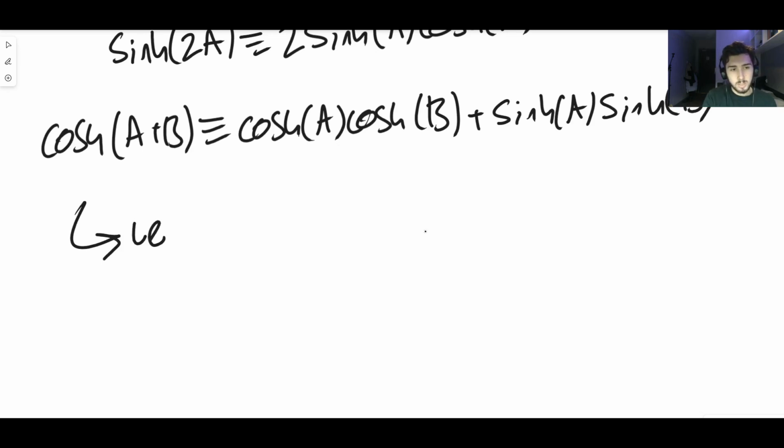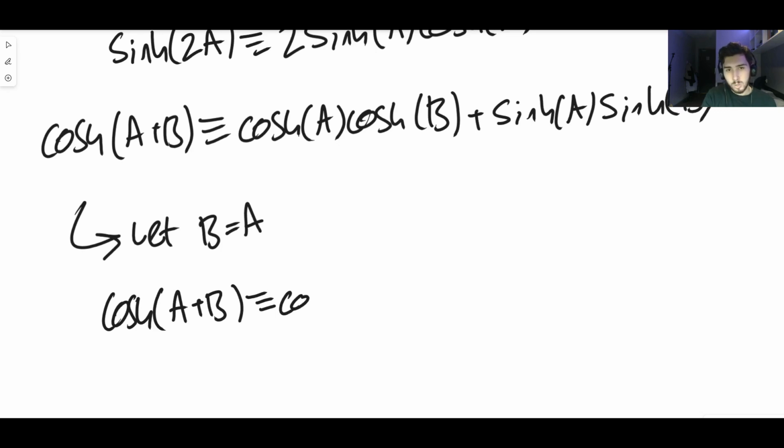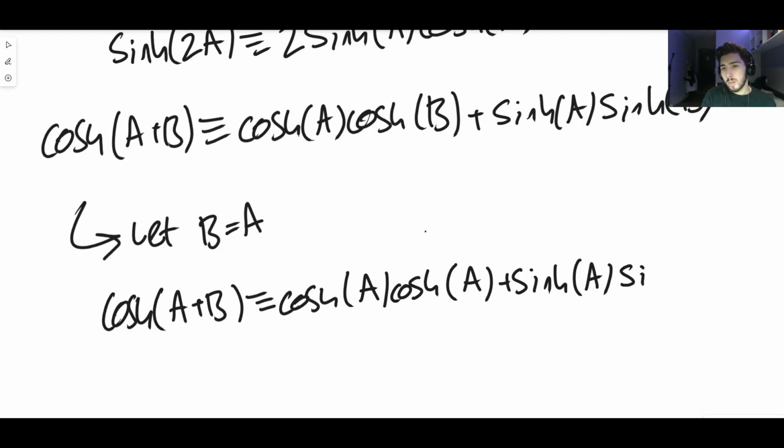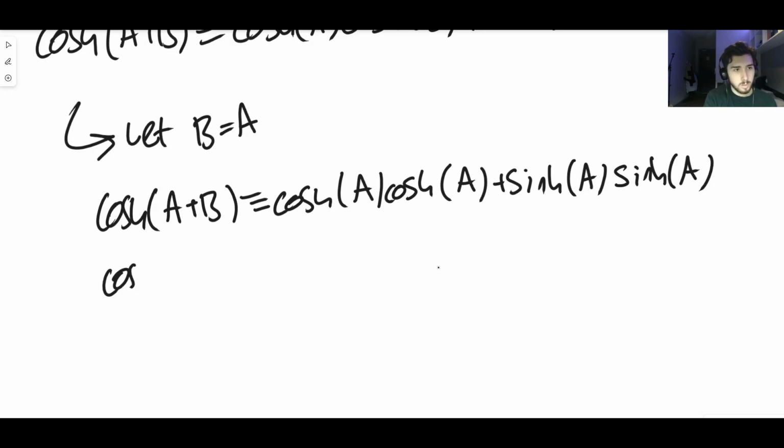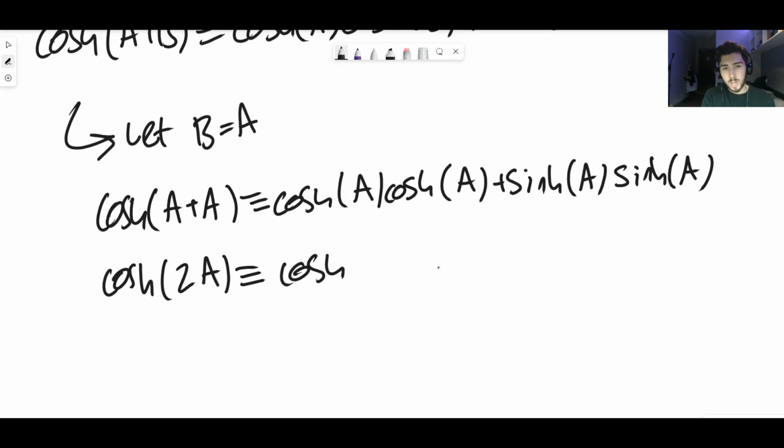Well, again, we let b be equal to the same angle as a, and then we get cosh of a plus a is identical to cosh a cosh a plus sinh a sinh a. Now cosh of a plus a, as we know, is just cosh of 2a, and this is then identical to cosh squared a plus sinh squared a.